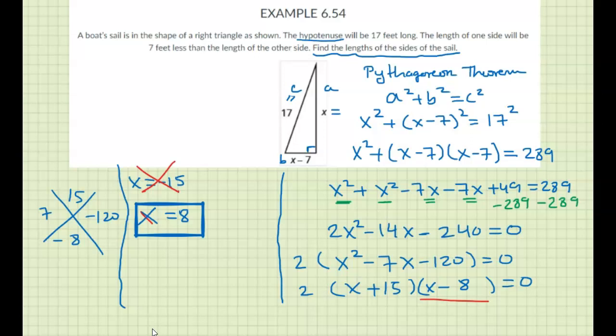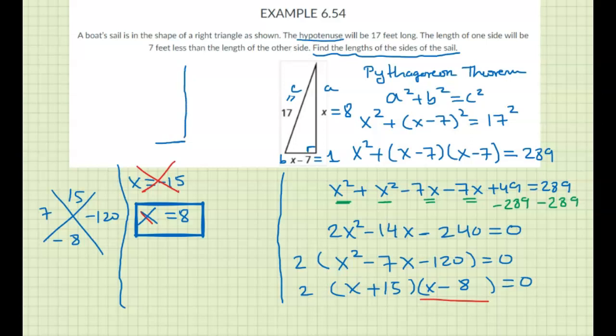Right, so we know this is 8, and that's 17, and this last one, x minus 7, 8 minus 7, this is 1. Okay, so let me draw the triangle. It's a bad scale here. Let me do it again. This needs to be pretty short.